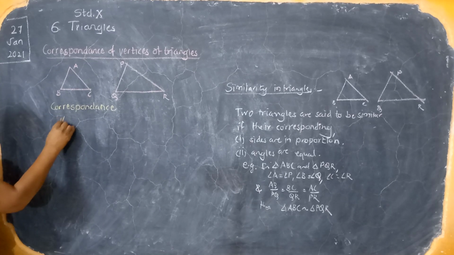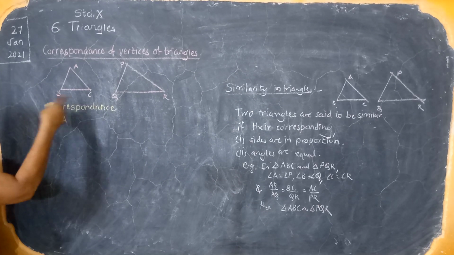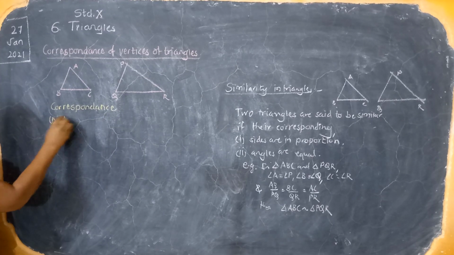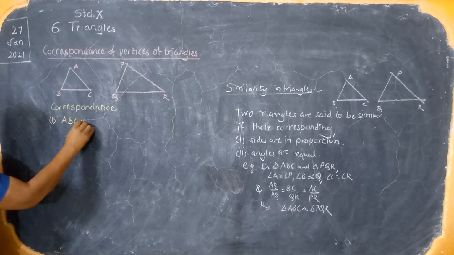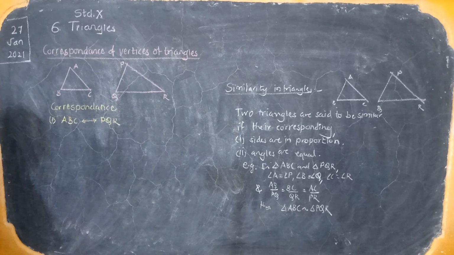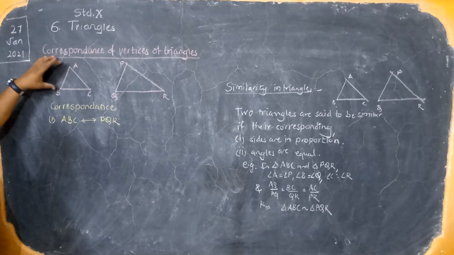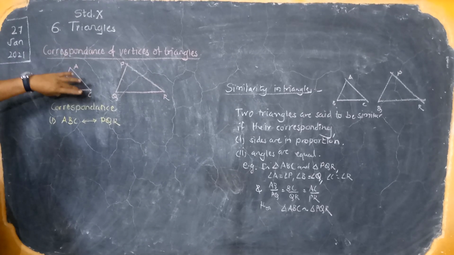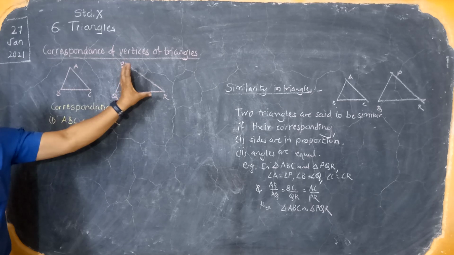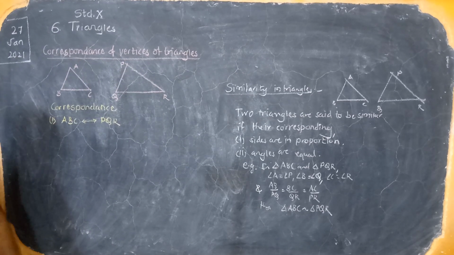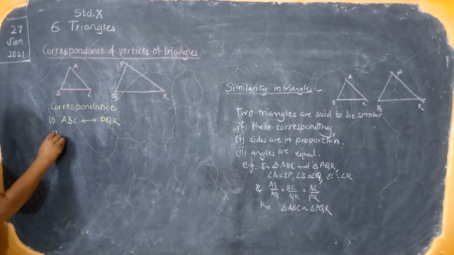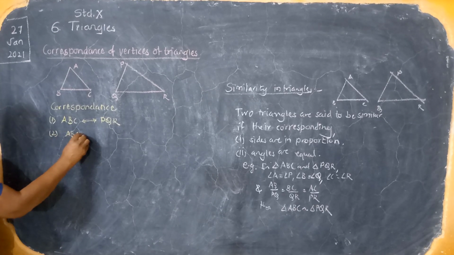Now A corresponds to P, B corresponds to Q, C corresponds to R. That is, ABC corresponds to PQR. That means AB will correspond to PQ, BC to QR, AC to PR.